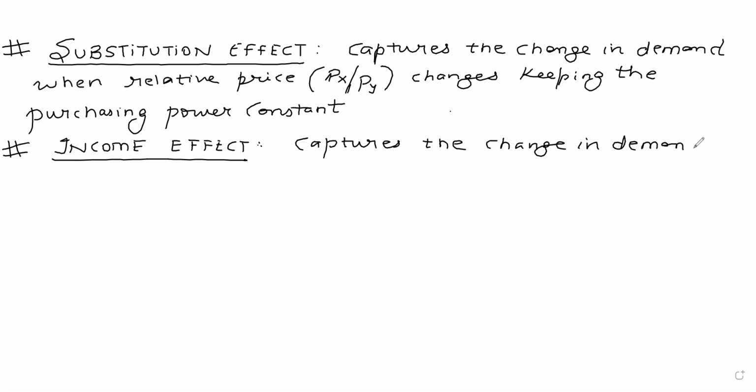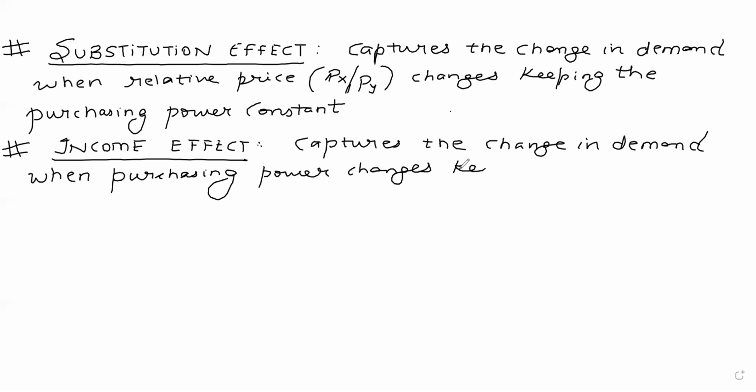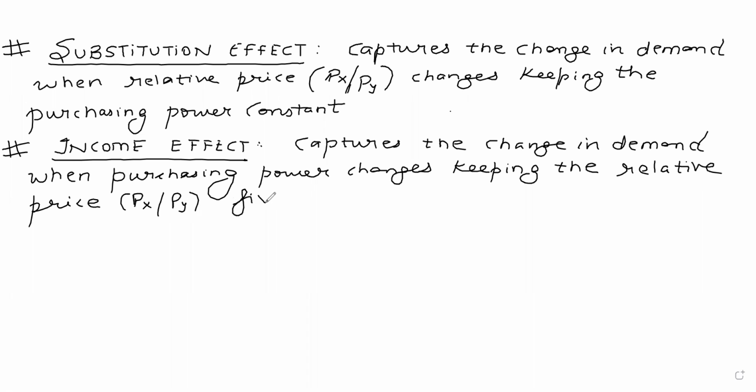Income effect captures the change in demand when purchasing power changes, keeping the price ratio fixed, or I can say keeping the relative price fixed. Keeping the relative price, how do we measure relative price? Px by Py. Keeping the relative price fixed.